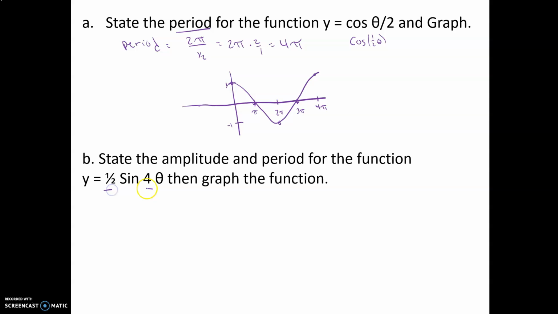Next one, this actually has 2 things going on here. So here your amplitude is now 1/2. And your period is going to be 2 pi over 4, because k is 4. So your period is now pi over 2. So it's going to happen a lot quicker now.